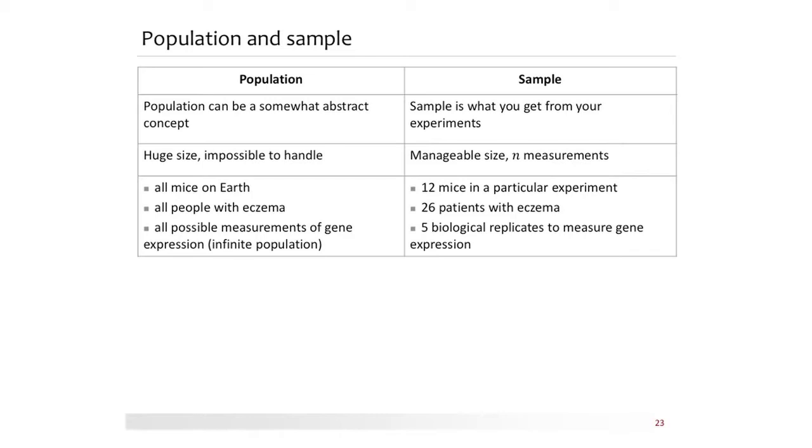The same, if you have 26 patients with eczema, then it will be all people with eczema. Or if you want to compare it to the general population, then it will be all people. If you have 5 biological replicates where you measure gene expression, and for one particular gene you will have 5 numbers, the population here is all possible measurements of this particular gene expression, which is an infinite population.